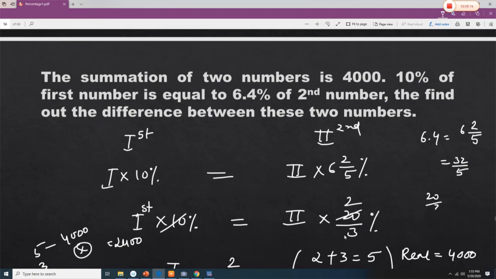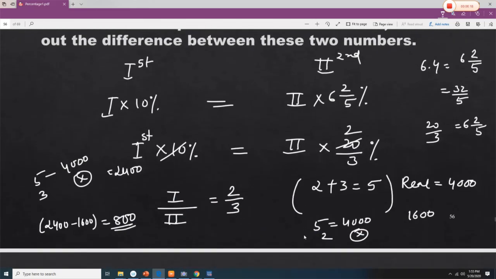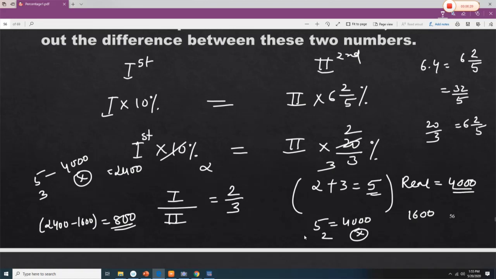So 2 plus 3 is equal to 5, and the real total is 4000. So 5 is equal to 4000, 2 is how much? So that comes to 1600.